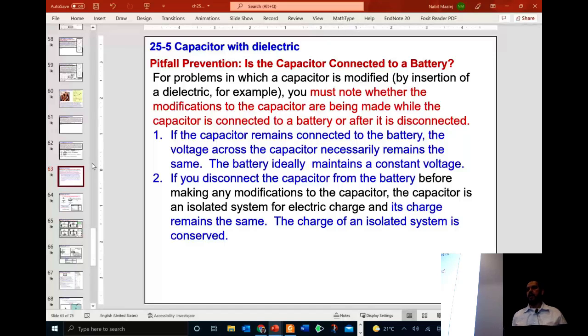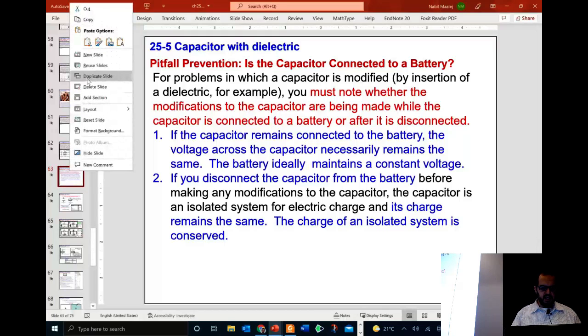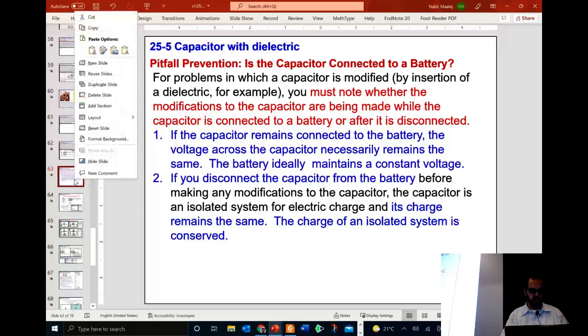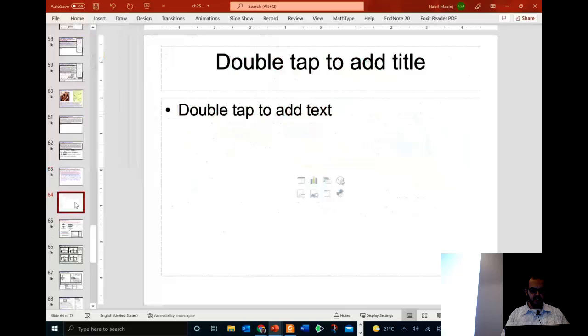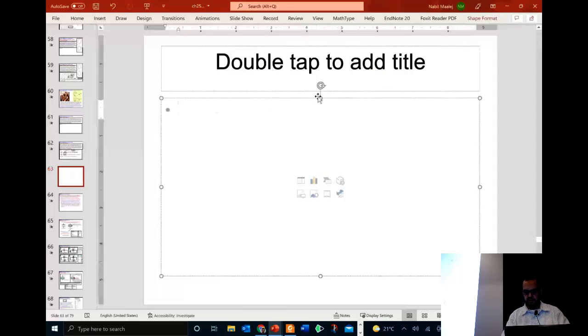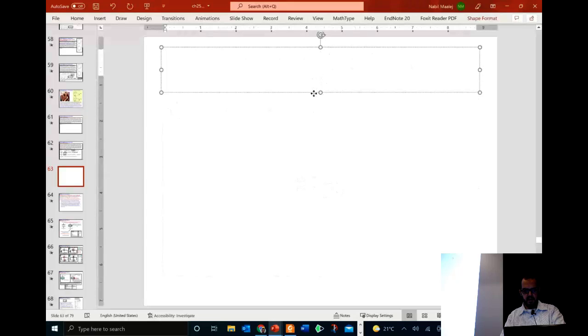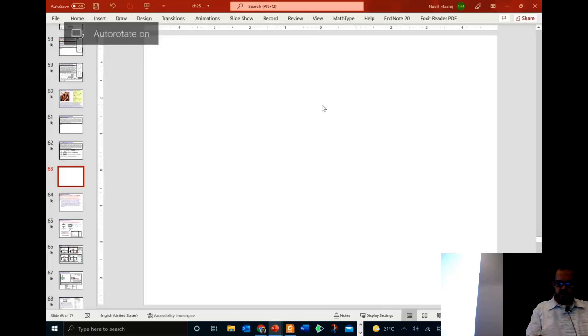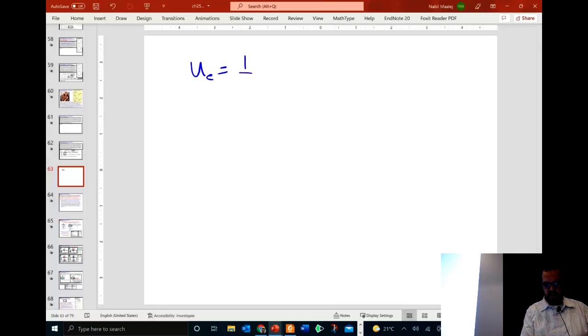Okay, so remember that in the previous lecture we determined how much energy is stored in a capacitor that has a charge Q. So we said the electric potential energy stored in a capacitor is equal to 1/2 C delta V squared.